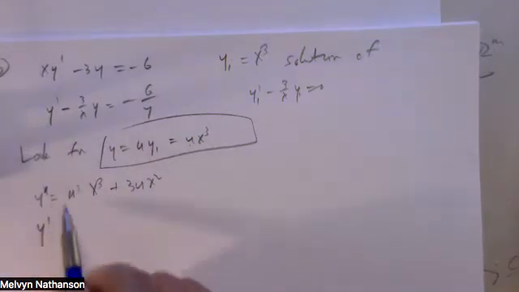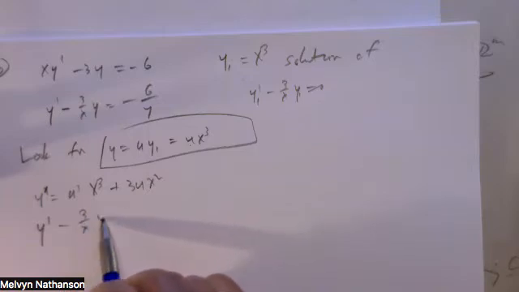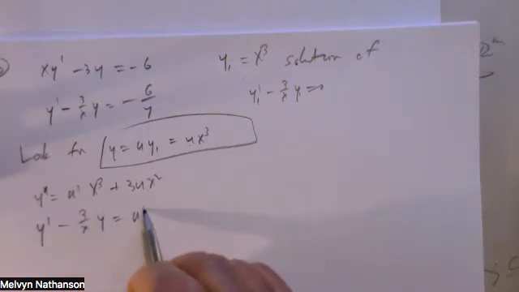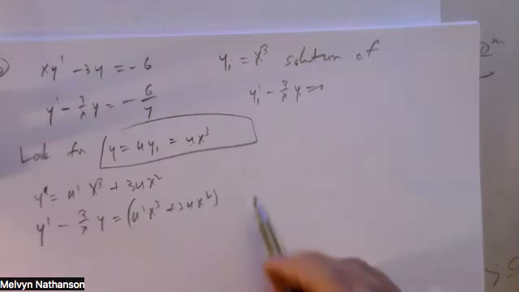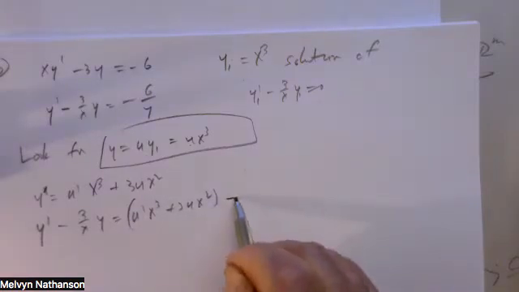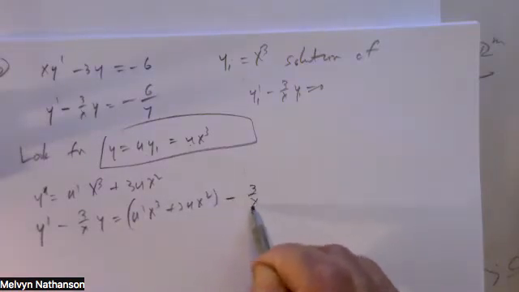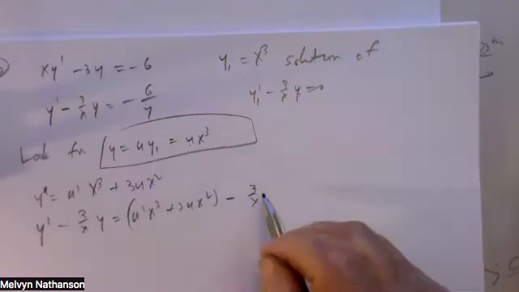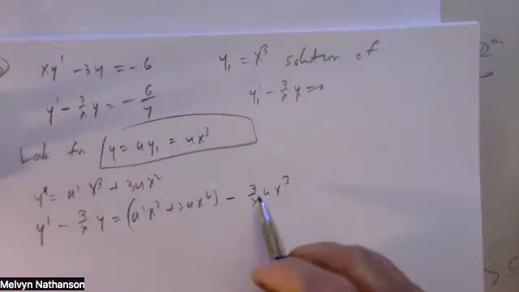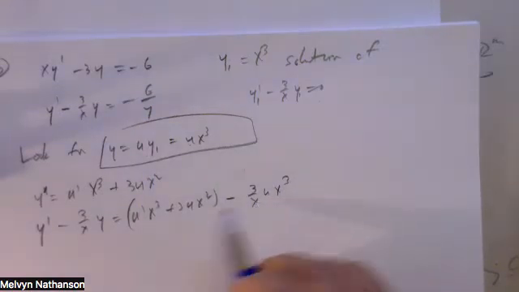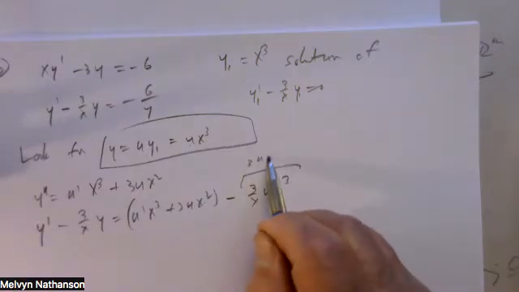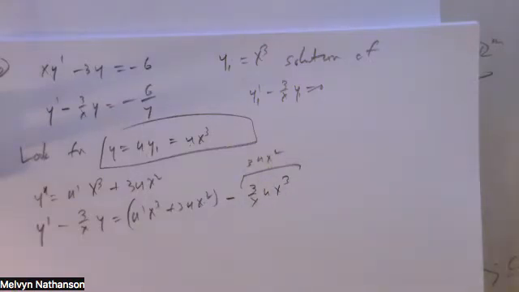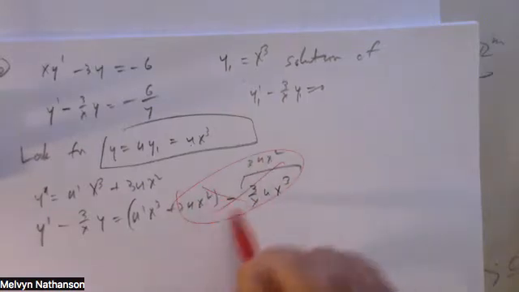So y prime minus 3 over x times y is u prime x cubed plus 3ux squared minus 3 over x times y, that's 3 over x, u x cubed. X cubed over x is x squared. So this is 3ux squared. And again, plus this minus this, that cancels.